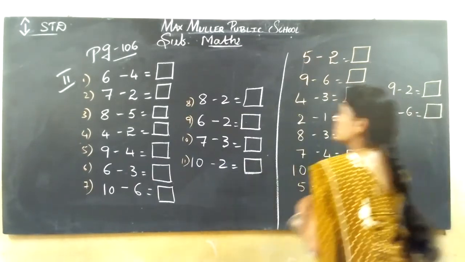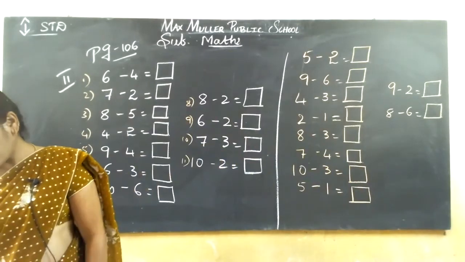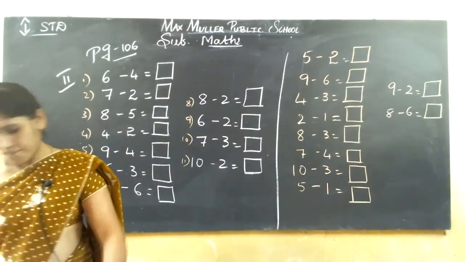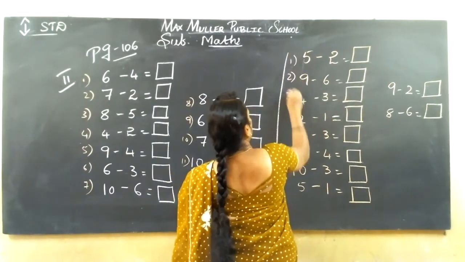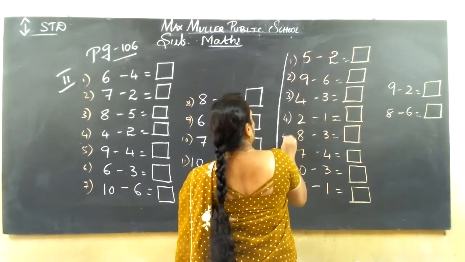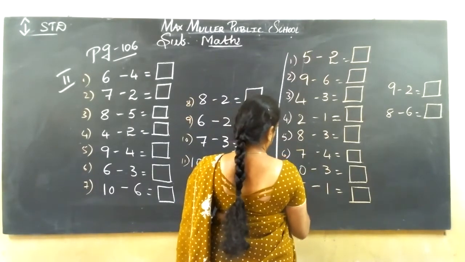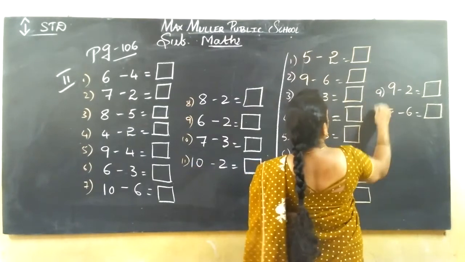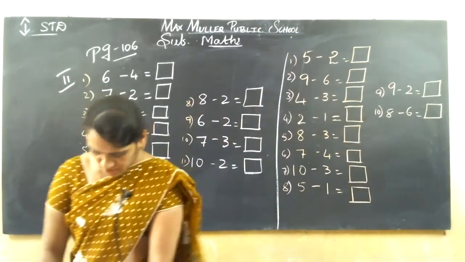If you get confusion, you can write the numbers and you can do. Okay. Right, first, second, third, fourth, 6. Only 10 sums are there this side.